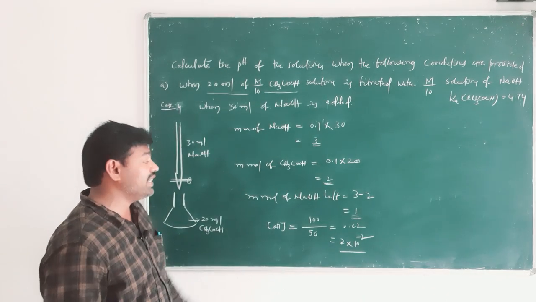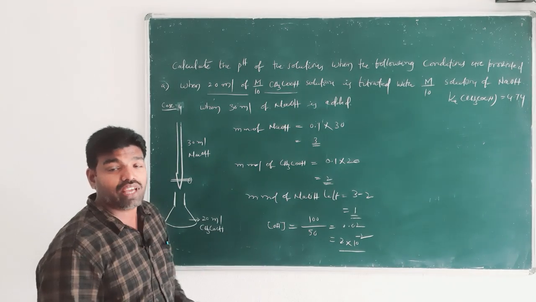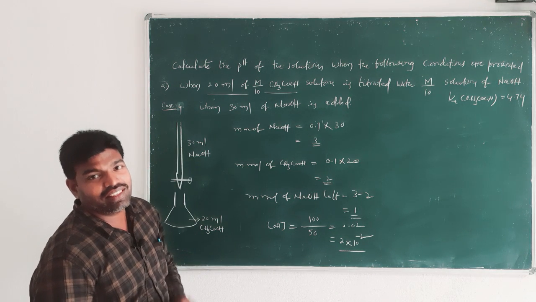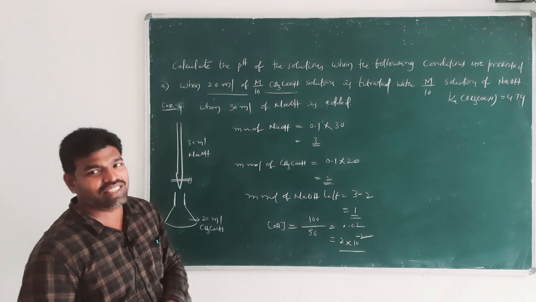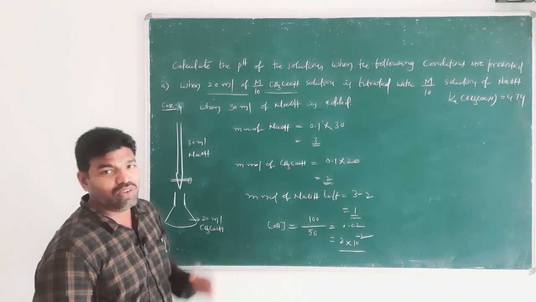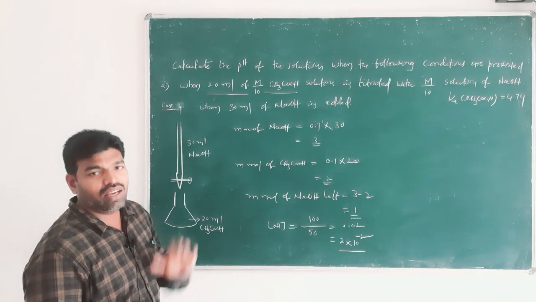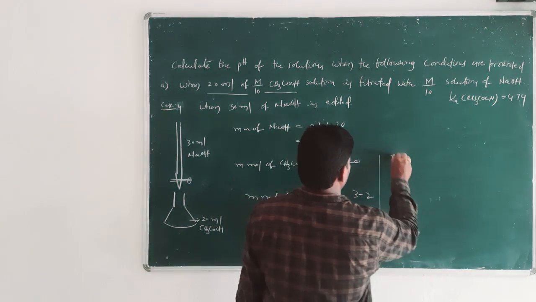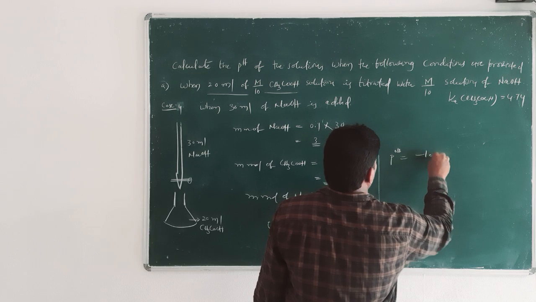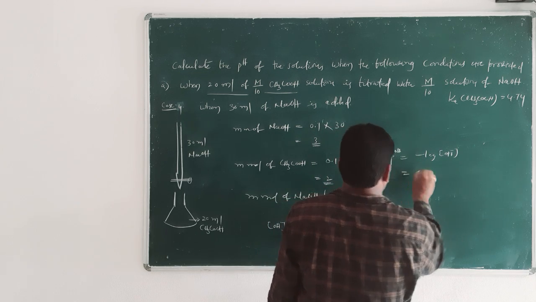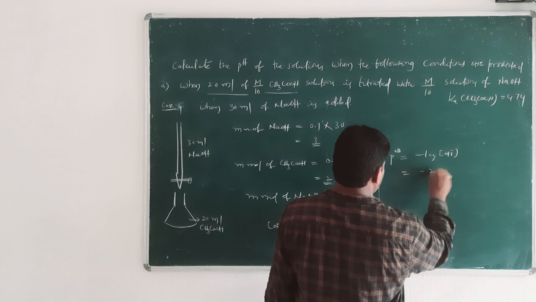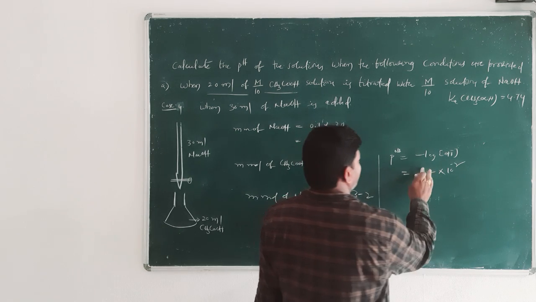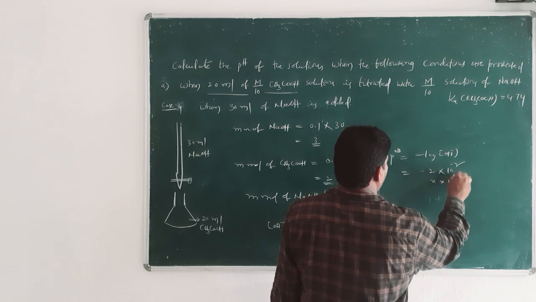If we know the concentration of OH minus, then we are able to calculate the pOH, but what they ask is to calculate the pH. So, now let us calculate the pOH, then we can calculate the pH from pOH. So, pOH is the negative logarithm of the concentration of OH minus ions, that is 2 into 10 power minus 2. It is in the form of x into 10 power minus y.